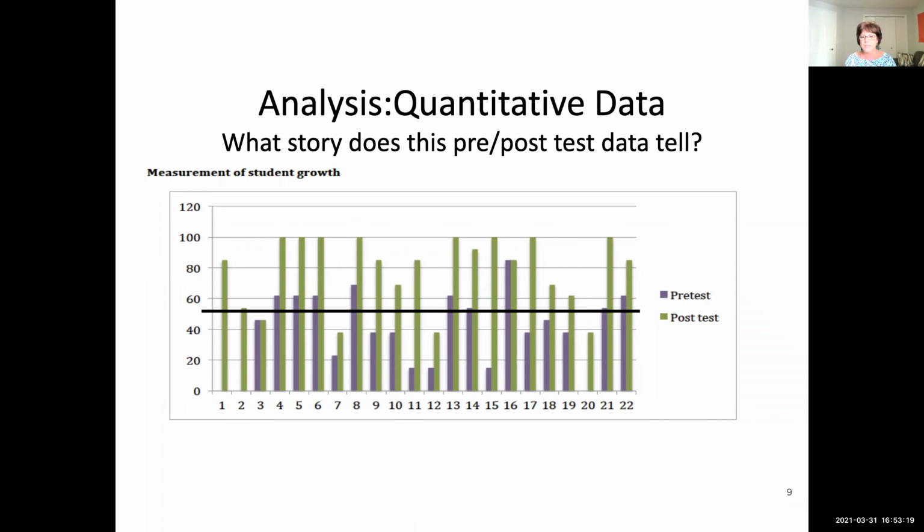I would certainly tell the story of student 15 and student 11. That is amazing. When you look at that percentage gain, they went from knowing so little to so much. Woohoo.